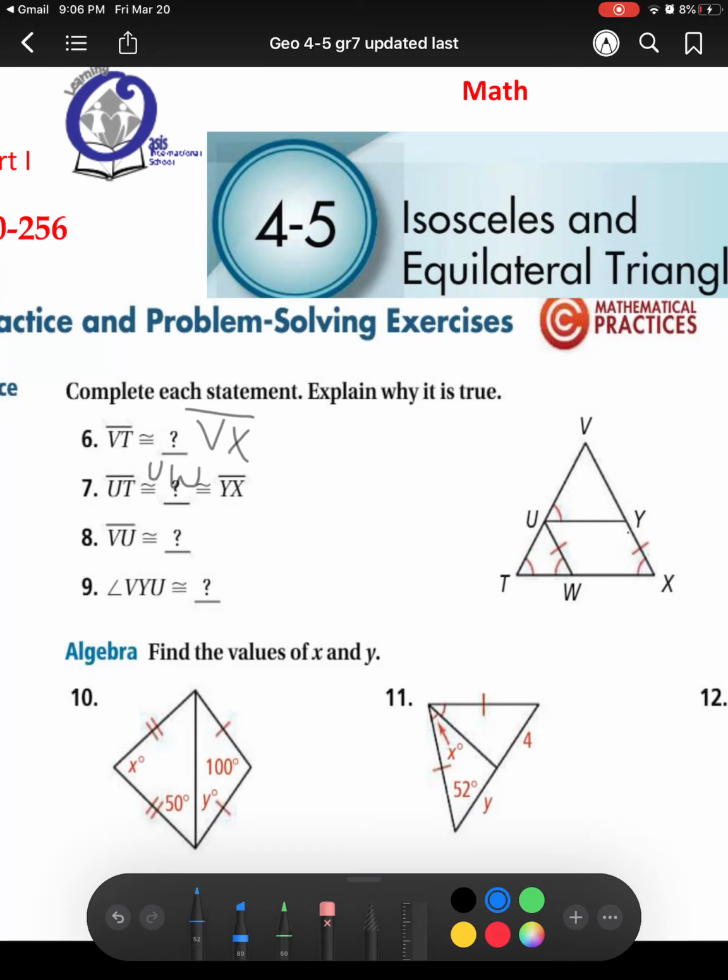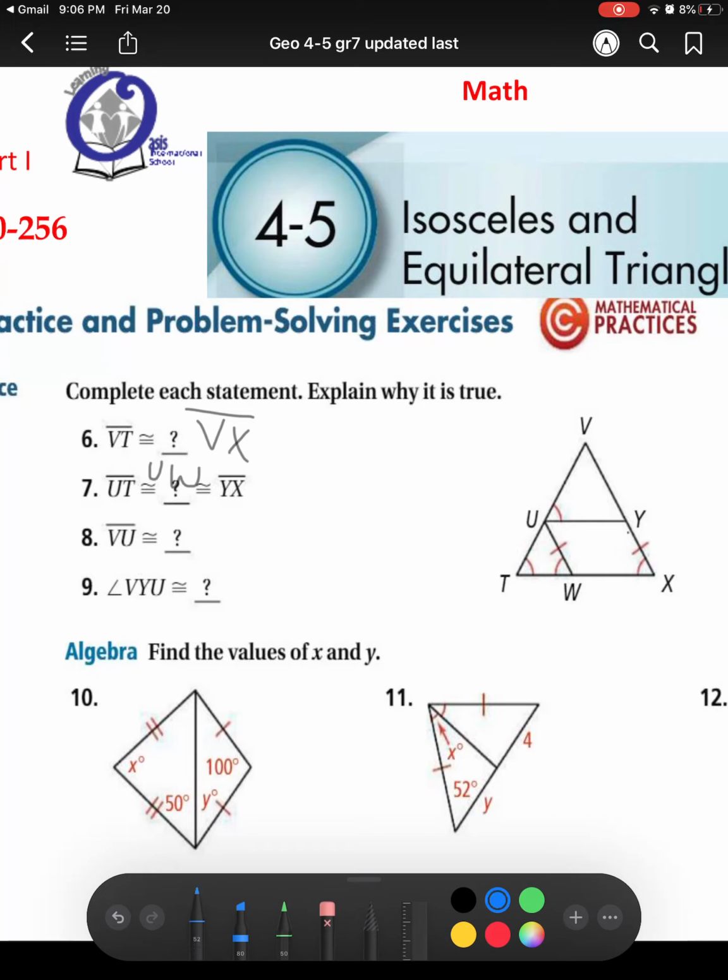Here's VU. It's congruent to which side? Since UT is congruent to YX and VT, the whole, is congruent to VX, the rest of each side is congruent. So it's congruent to VY.